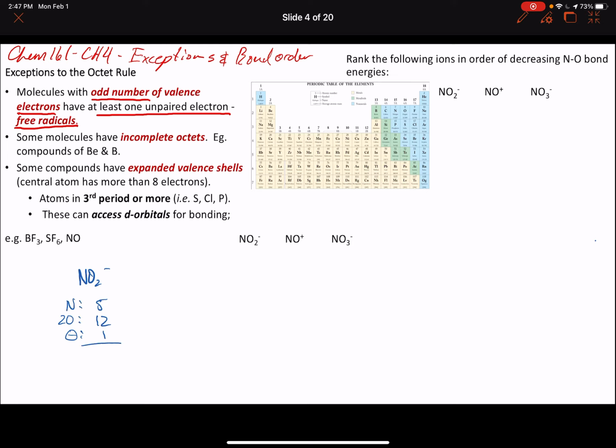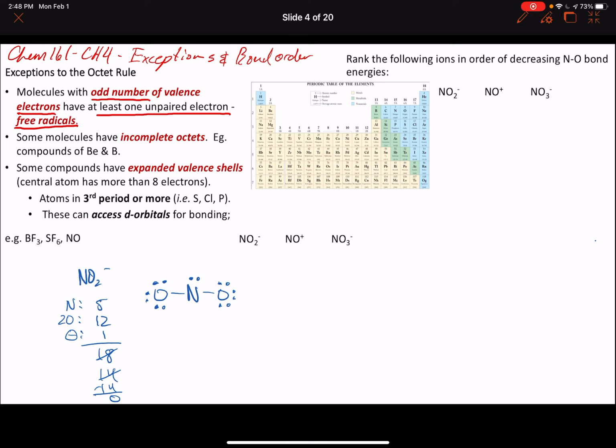So this is going to give us 18 valence electrons to work with for the nitrite ion. 2 oxygen atoms, just used 4 to build the skeleton. 14 to go. 1, 2, 3, 4, 5, 6, 7, 8, 9, 10, 11, 12. 2 more go on the central nitrogen. We've used all 14.